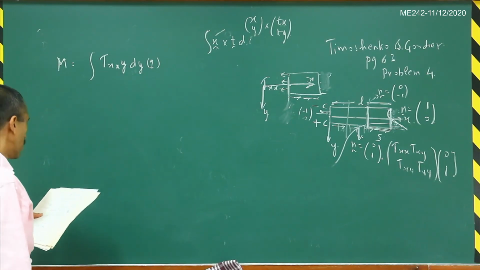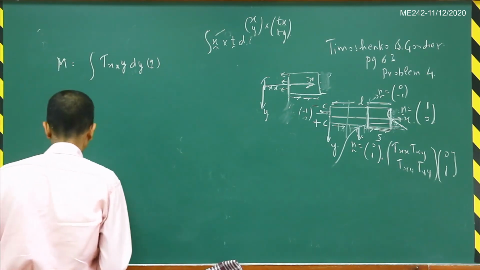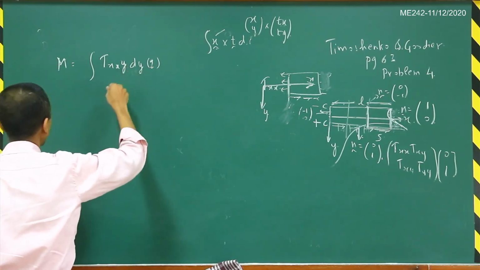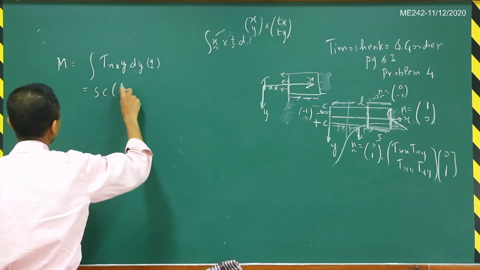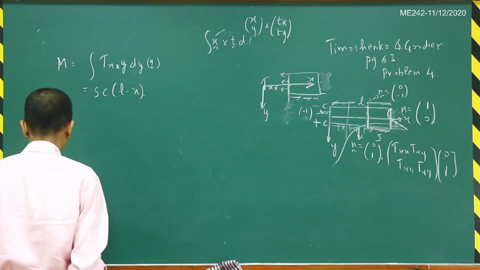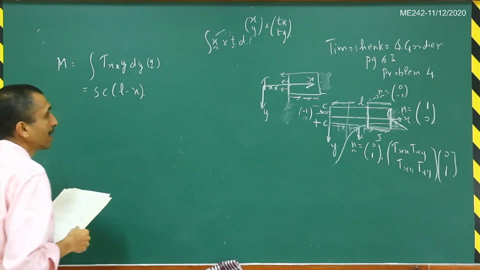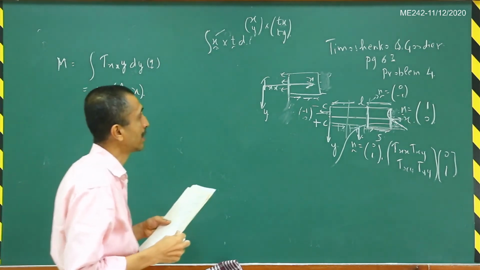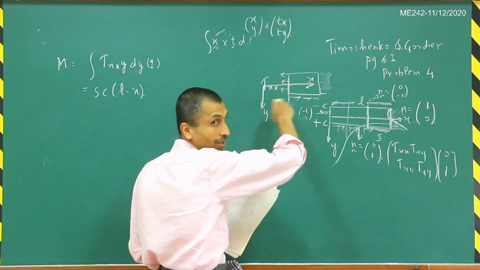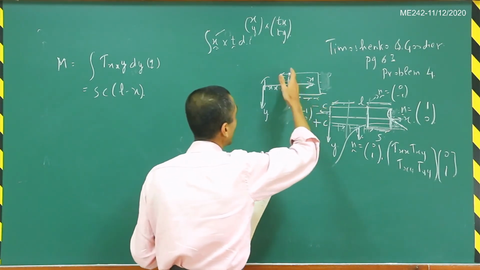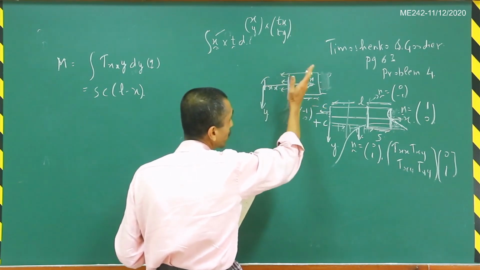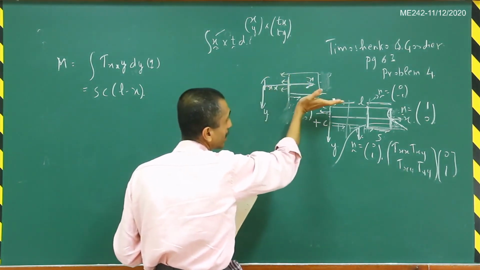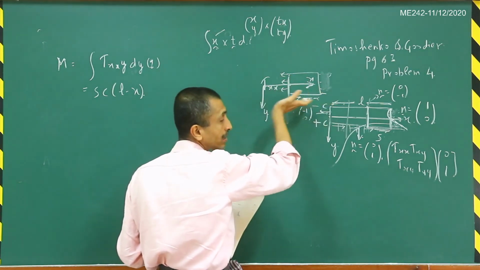Fine. So if I now carry out this particular integration, then I will get SC times L minus MC. Okay, and so this is exactly the moment that is exerted due to the shear traction also. Okay, and so the moment due to this axial force is balanced by the moment due to this shear traction.